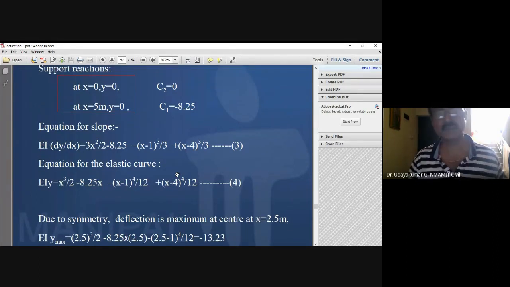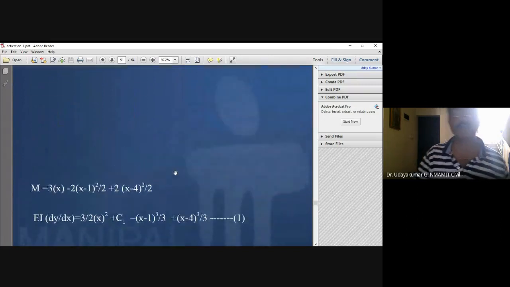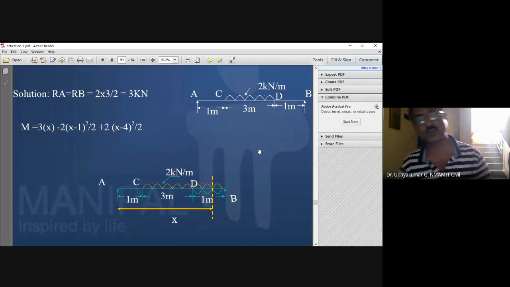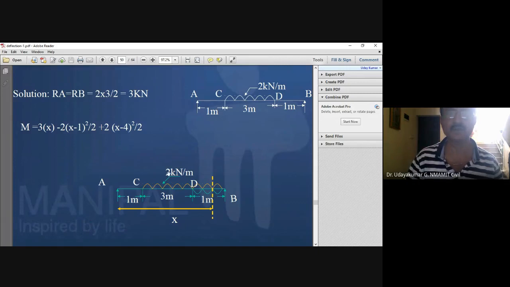It is a special method, in the way the integration is carried out, and can be applied for any general type of loading. If there is a discontinuous load, you have to continue it till the end, and subtract that, and take a section farthest from A.